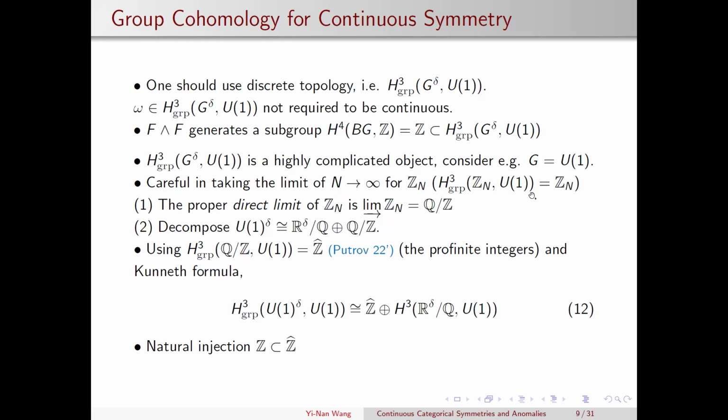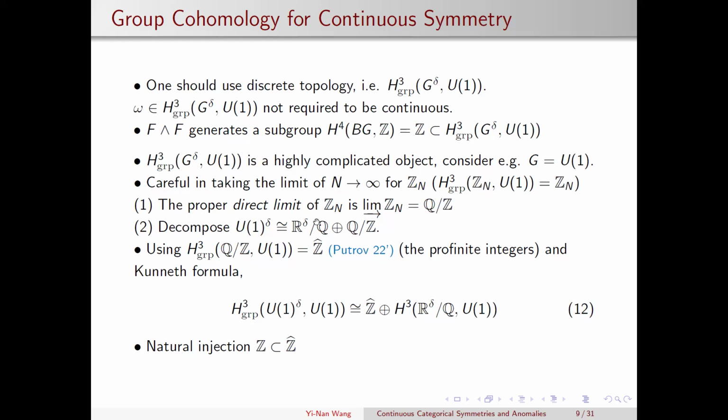Okay, so now this is mathematically a little bit more technical. Let's consider G equal to U1. Everybody knows you can think about U1 as a limit of Zn when n goes to infinity. However, you have to be careful about that, because I think most people in the condensed matter community are not careful enough on this point.